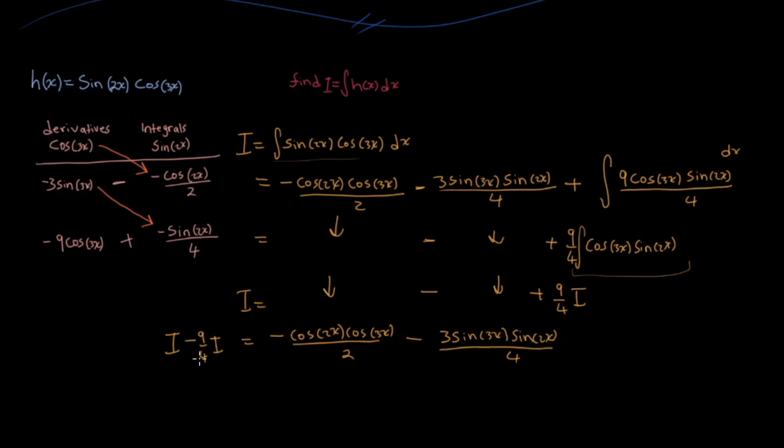Then we subtract, 4 over 4 minus 9 over 4 gives us negative 5 over 4. So we get negative 5 over 4 I.